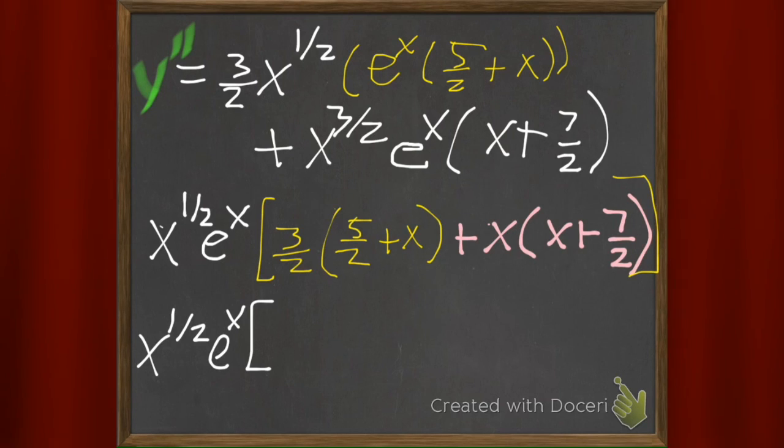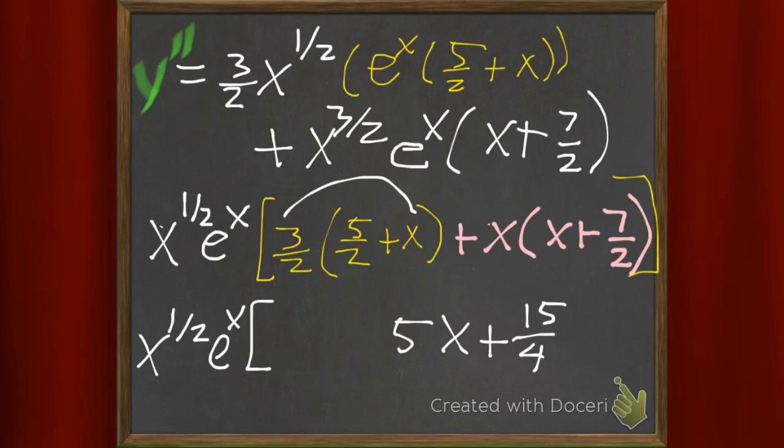Then 3/2 x and 7/2 x, that's 10/2 x, that's 5x. So 3/2 and 7/2 is 10/2, right? Okay, so 10/2 is 5x. And then looks like we got an x squared right there.